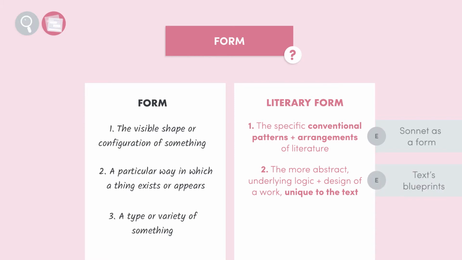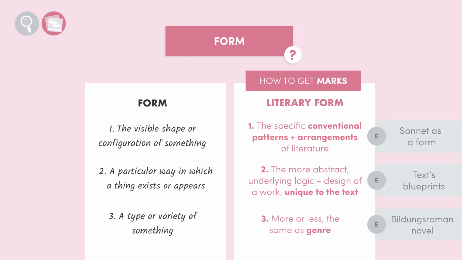And then one more idea, which is like the third definition, is that literary form is more or less the same as genre, in the way that the Bildungsroman novel might be called a novelistic form. The word form is commonly used in all these ways, and all of them will score you marks.